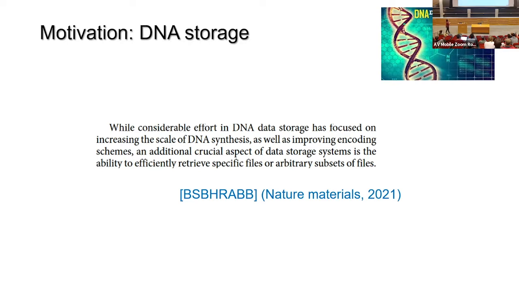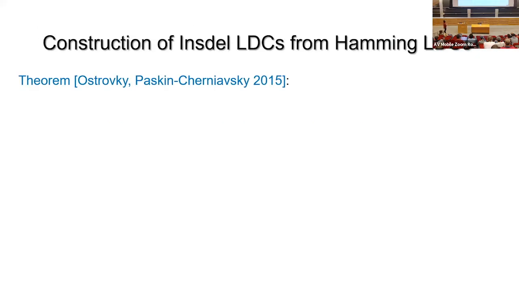And it turns out that in this recent paper, people in DNA storage technologies care exactly about this, and in terms of biotechnology, they are at the point where they're looking at random access into these encodings. And why is this relevant to our work? Because DNA storage is mostly affected by insertion and deletion errors. So they're kind of looking at locally decodable codes.